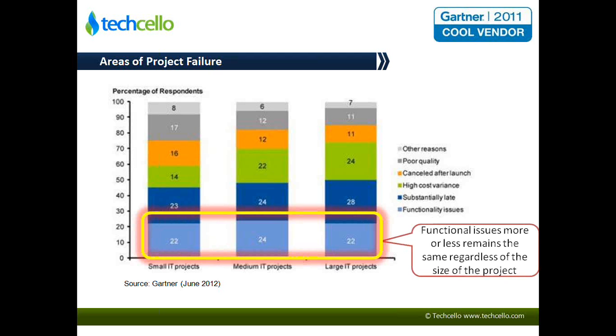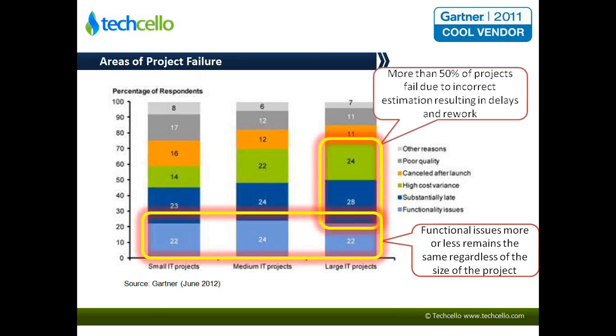Whether you do a small project or a large project, you still are talking about 22 to 24% of issues coming up. But what changes are factors like the delay of the project and the cost variance, budget variance that is coming into the picture, which are causing the projects to fail or be abandoned or thrown out, right? More than 50% of the cases fall under this category.